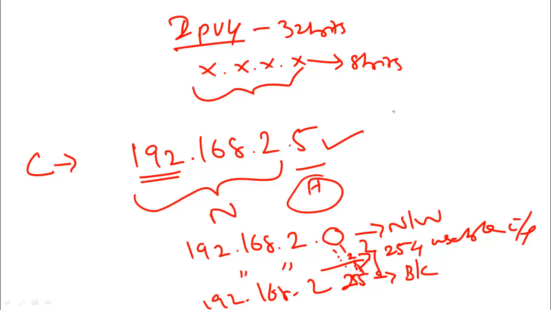The neighbor IP addresses could be from 1 to 254, and in between we have this IP address 5. So if an IP address is given, just by looking at it, you should be able to understand which class it belongs to, what its network address is, and what other devices may be on the same network. Everything you will be able to understand just with the help of the IP address.